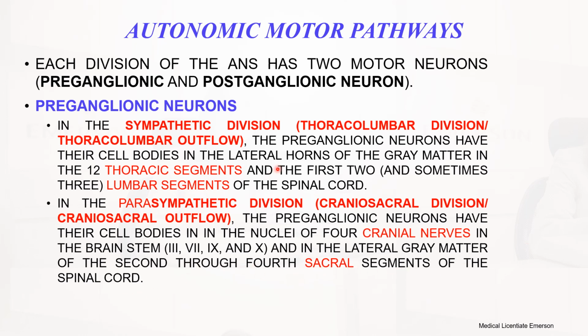Hence the other names. So if they say thoracolumbar, meaning the nerves pass through the thoracic segments and the lumbar segments. Then for the parasympathetic, meaning they pass through the cranial nerves and the sacral segments. Okay, so that's the namings.